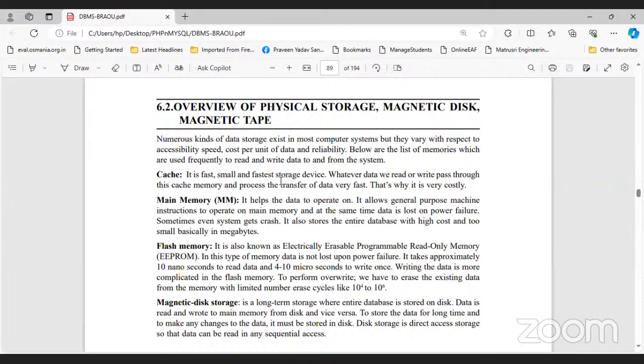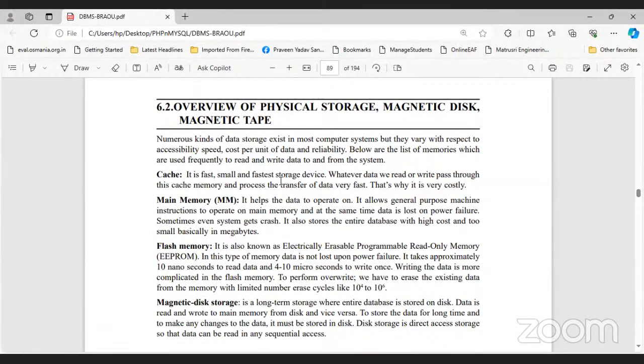It will store the recent files and folders, whatever you use recently. Maximum 10 folders and 20 files, it will save.